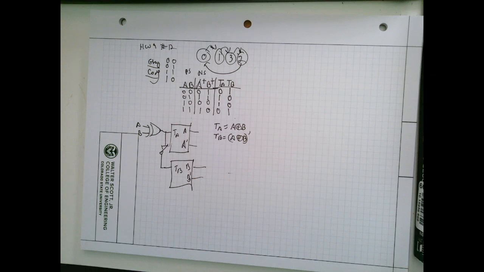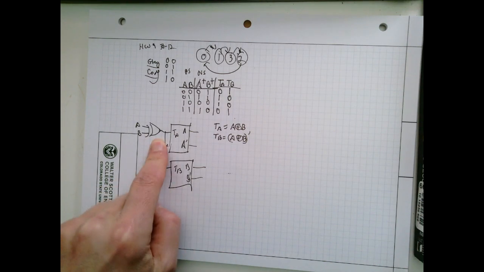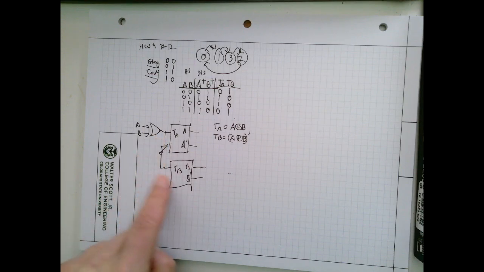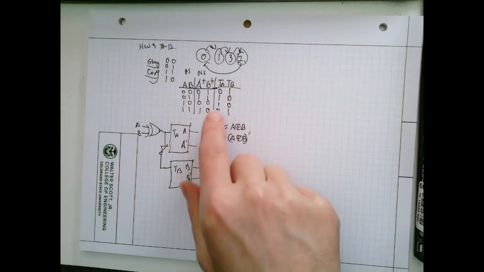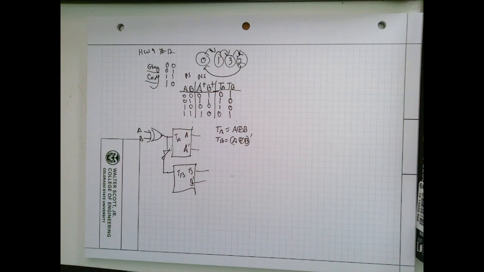And it looks like D gives us T sub A equals A exclusive OR B. T sub B equals A exclusive NOR B. And the present state next state table looks just like what we've written out here. So D is the correct answer.